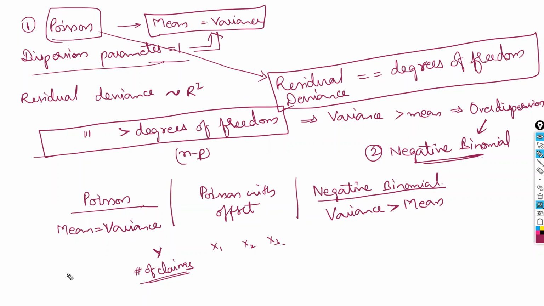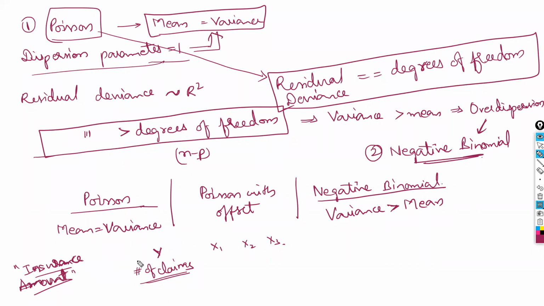But then if you have a higher insurance amount, say your insurance policy has $10,000 as insurance, or $20,000, or $30,000, then if you have more money covered as part of insurance, maybe you will claim frequently because you know that you have a lot of money to be claimed.